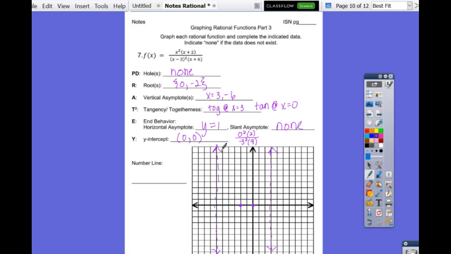So at 3, I'm going to get togetherness, and I'm getting a bump here, and I get a horizontal asymptote at y equal 1. So did I miss anything here?